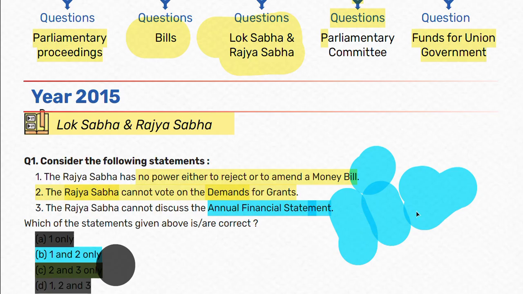It is presented along with two documents under the FRBM Act. So three is incorrect. If you eliminate three, C and D will be eliminated, and we know one and two are correct. So B will be the correct answer.